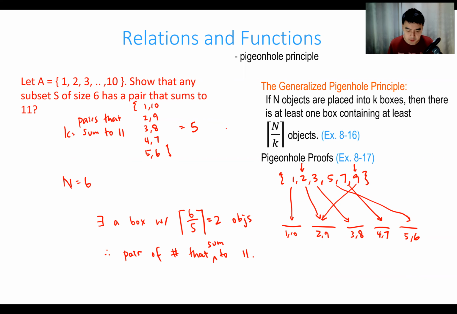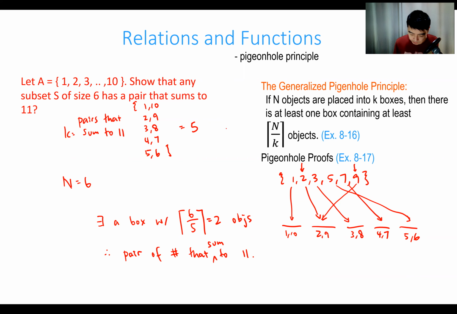Okay, so I hope you can see how useful a tool the pigeonhole principle is. And generally, when we're trying to make a proof that says we must have two objects in a set that have the same characteristic, then we should definitely use something like the pigeonhole principle.